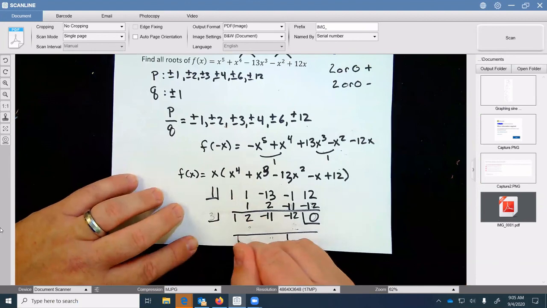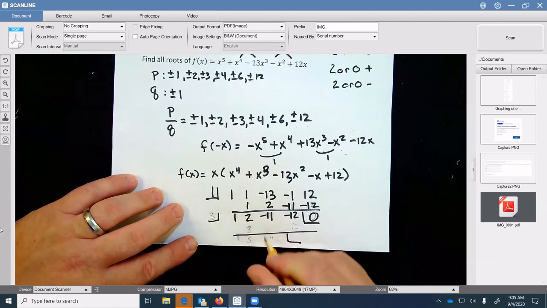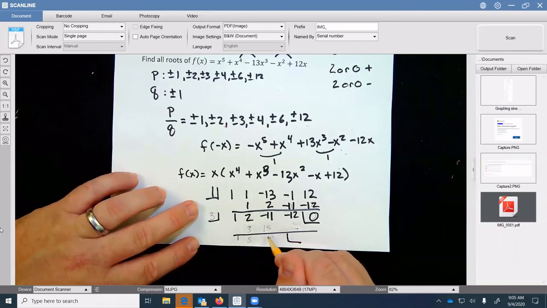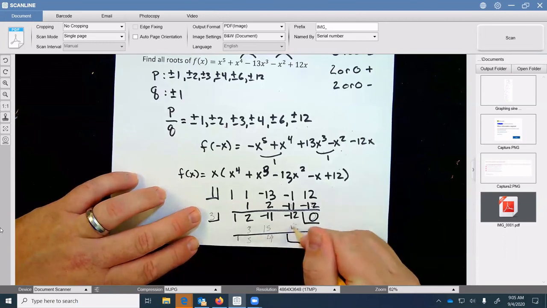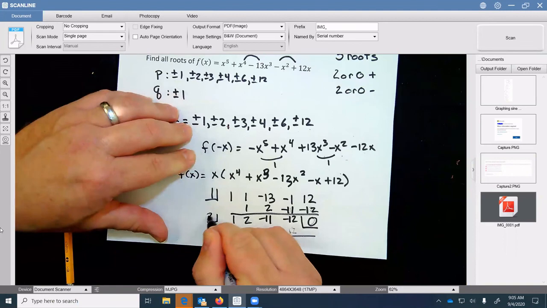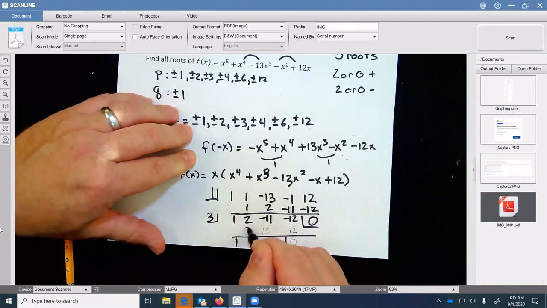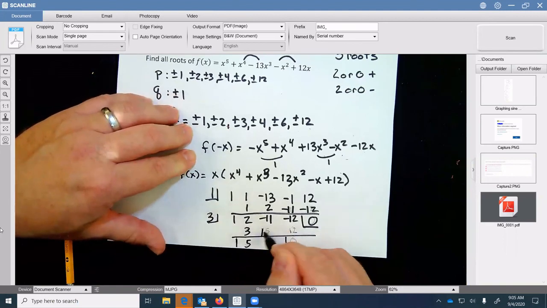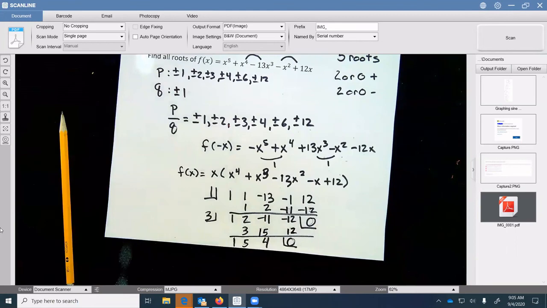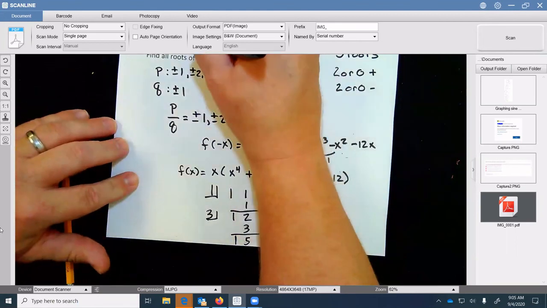My fault. 1, 3, 5, 15. Oh, this is 4. This is 12. It does work. Yay, math failed me. Hey, I make mistakes all the time. It's hard to talk and write at the same time. So I know that 3 is one of the factors.